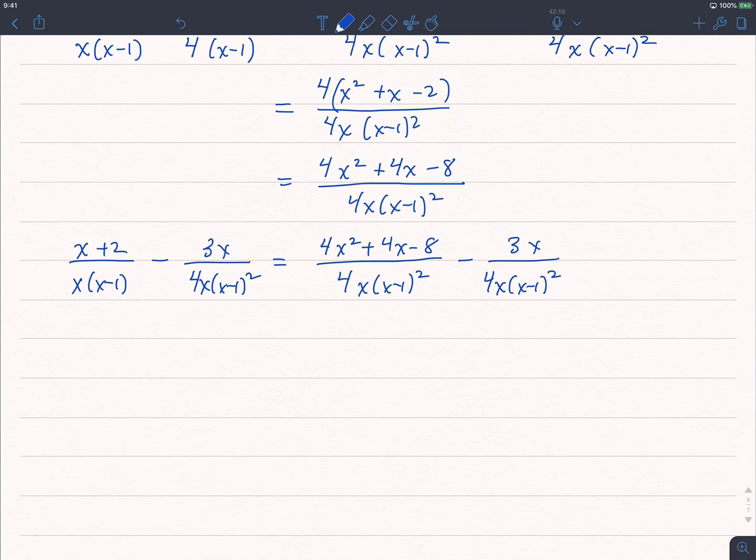Okay, so now we have the two fractions with the same denominator, so we can go ahead and perform the operation on their numerators. So we have 4x squared, still in the numerator. We have a positive 4x and a negative 3x, which just becomes x minus 8.